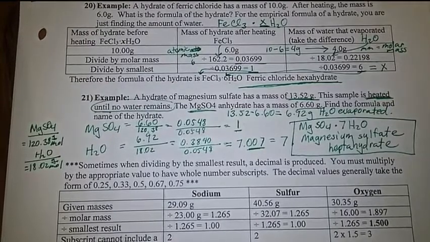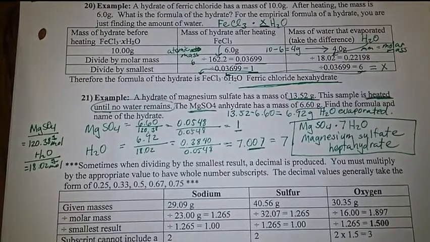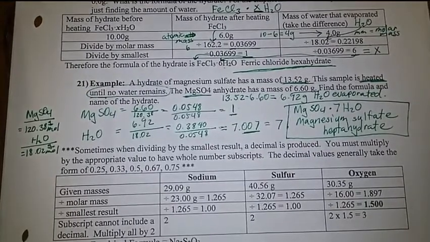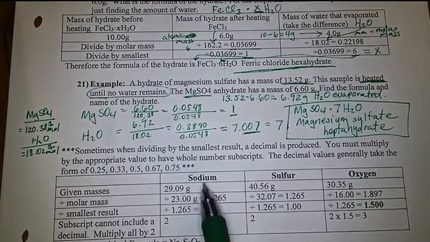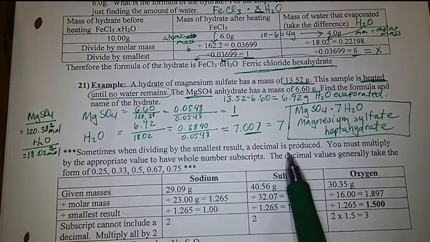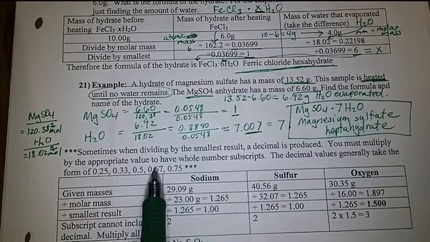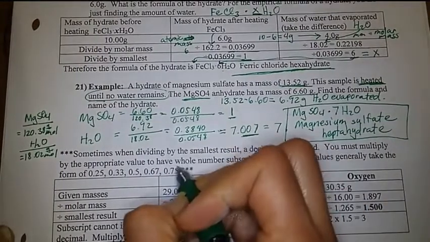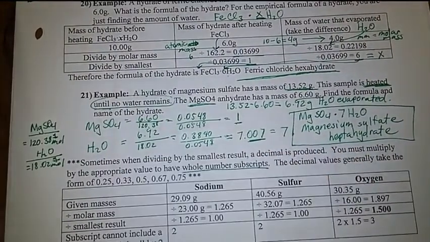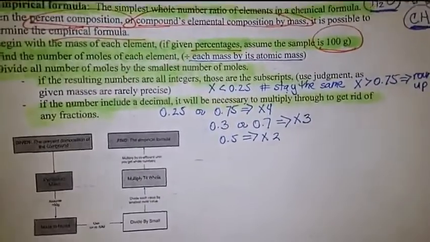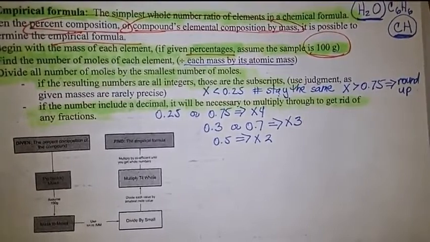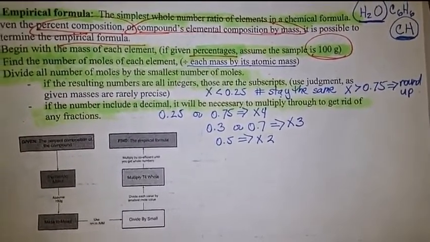Okay. So sometimes, when dividing by the smallest result, a decimal is produced, and you must multiply by the appropriate values to have a whole number subscript. So the whole reason why I was actually even talking about this right here is because we want to have a whole number subscript.